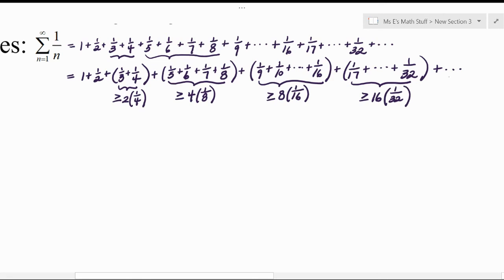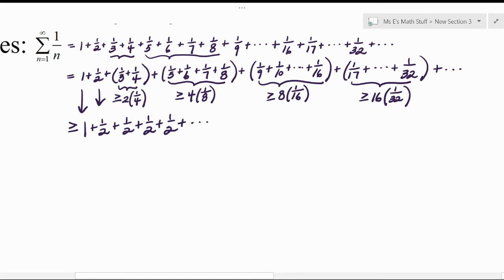And how far would I have to go out to get my next sum that adds up to be greater than or equal to 1/2? Well, I'd have to go out 32 values. Then I'd have to go out 64. And then I'd have to go out 128. But since there's infinitely many of them, I could always go out far enough to get another value that adds up to be greater than or equal to 1/2. So that means that this would be greater than or equal to 1 plus 1/2 plus 1/2 plus 1/2 plus 1/2 forever.